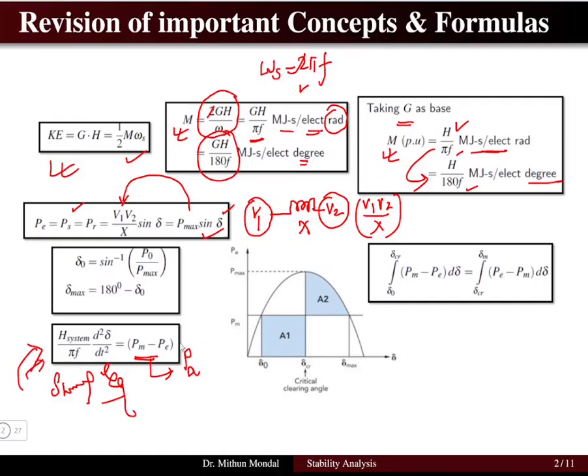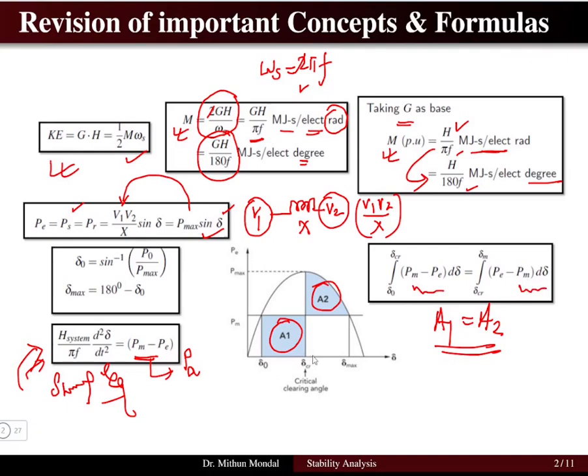Now, in order to have the stability, the accelerating area and the deaccelerating area has to be equal. So if A1 is equal to A2, then we can say that the system will be stable, and here the accelerating power is equal to the deaccelerating power of the system.